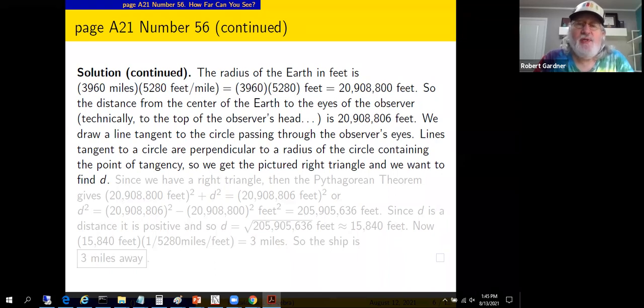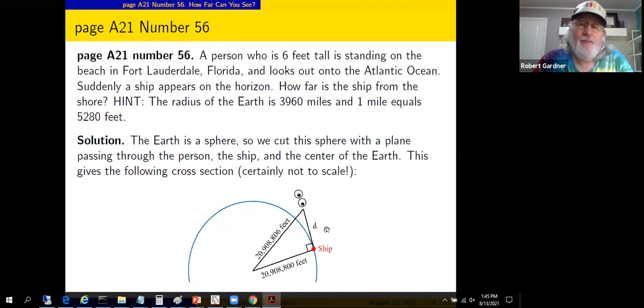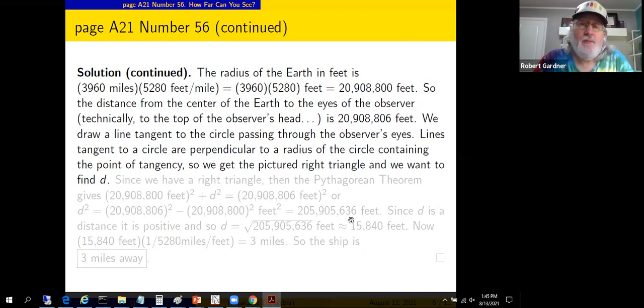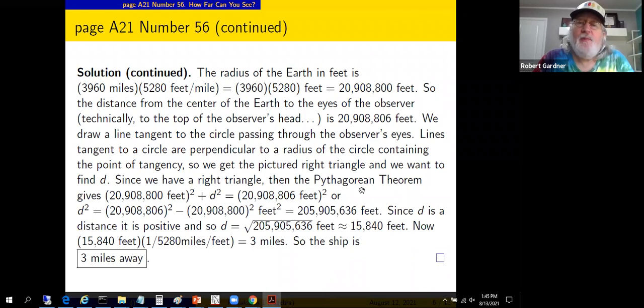So we're interested in, let's look at the picture one more time. Hypotenuse squared equals unknown squared plus this distance squared. So we'll have the relationship this squared plus that squared equals hypotenuse squared, and that'll give us a relationship in which we can solve for D. Right triangle. So we've got a right triangle.